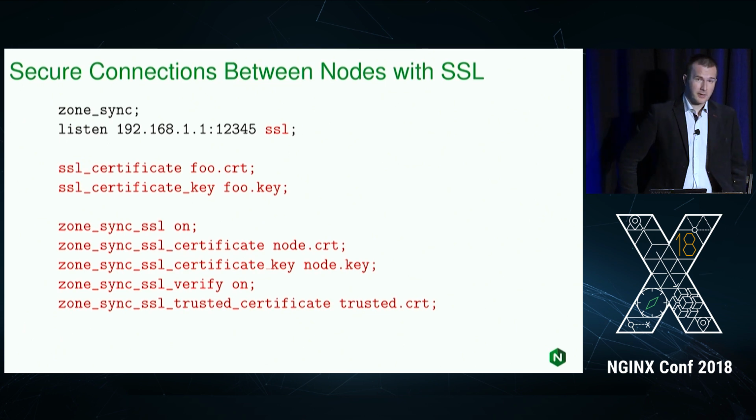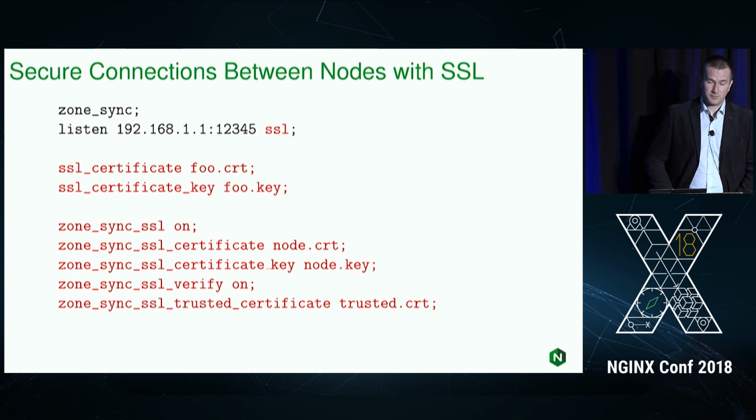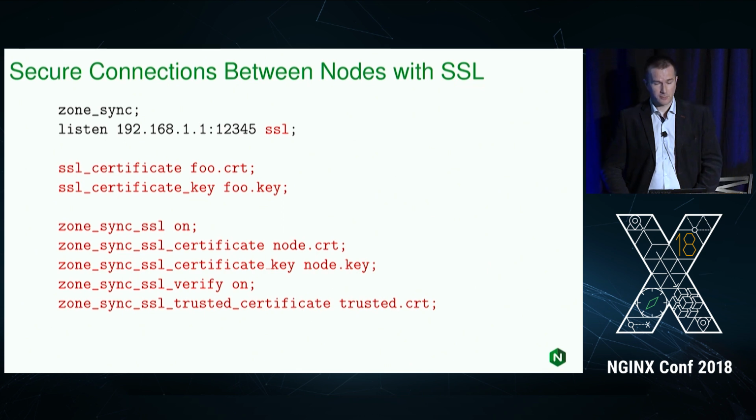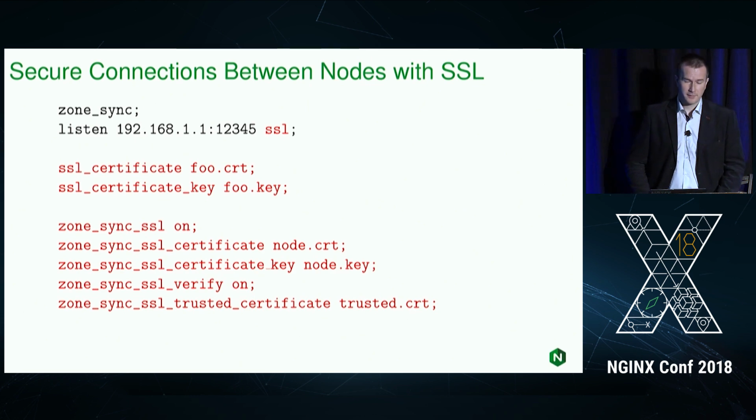Of course, you are probably running your cluster in some public cloud, or maybe you are not in control of your network connections. So we have full SSL support. The server part is very simple. It's just normal NGINX configuration. You add an ssl flag for the listen directive, and you configure certificates and everything that NGINX has.